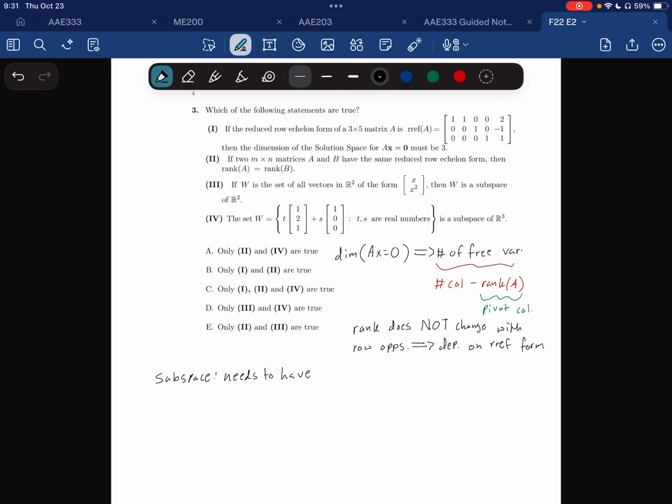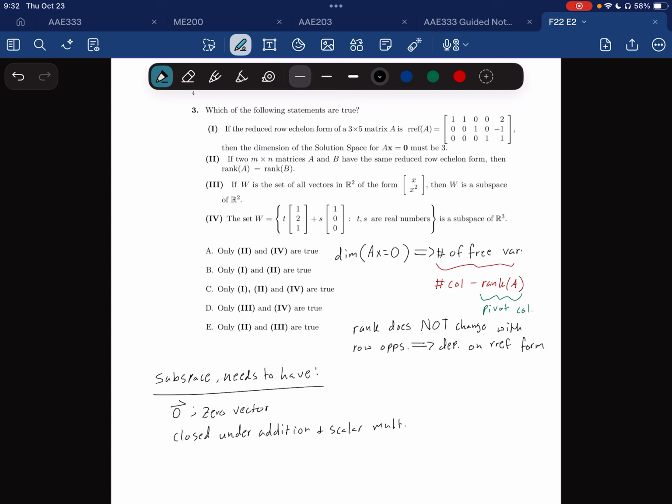It needs to have a zero vector, it needs to be closed under addition, and it needs to be closed under scalar multiplication.